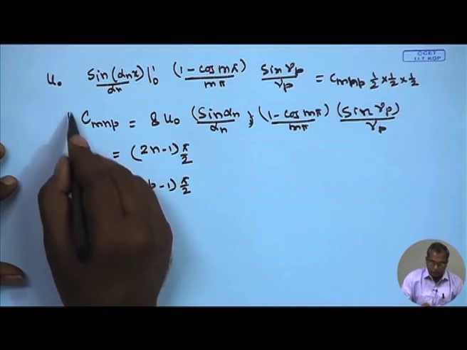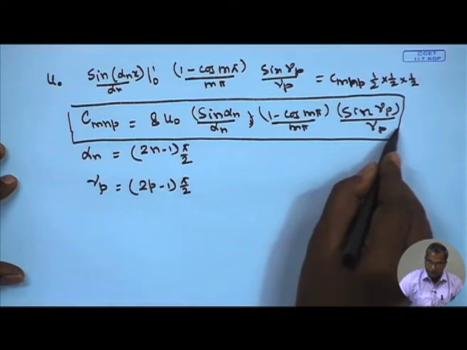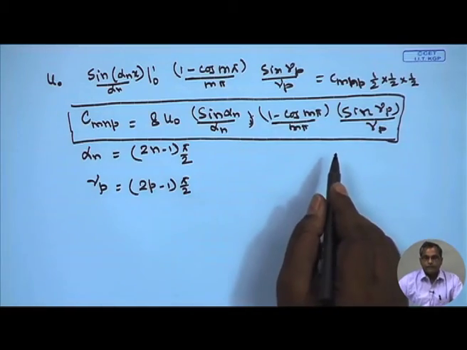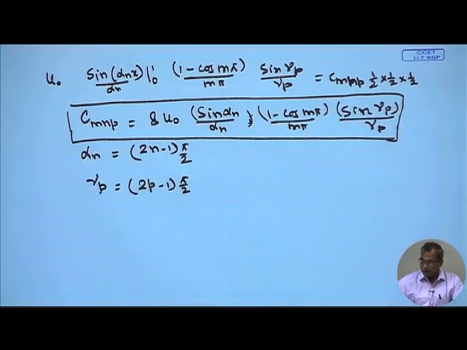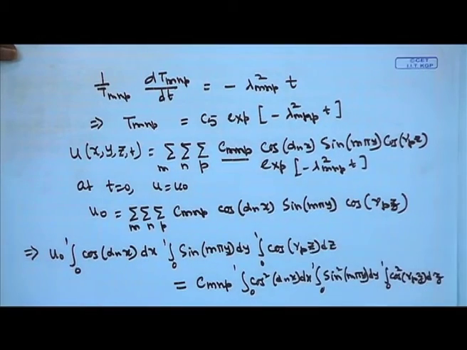So, that will be giving the expression of the undetermined constant C m n p, that has to be inserted into the solution of u, and it will be giving you the complete solution.